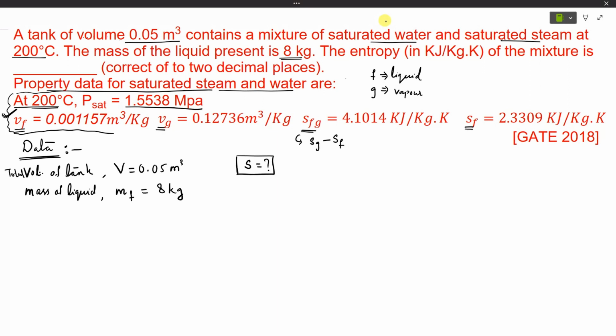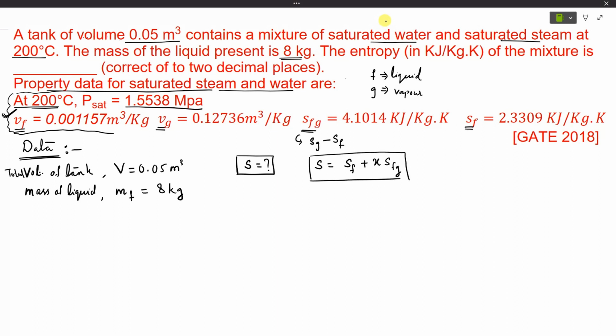So to get the magnitude of S, we have to use a relation that is S equal to, so this is the entropy of the mixture of saturated water and saturated steam. So that is equal to sf plus x sfg. So this is the relation which we are going to use to solve the given numerical.